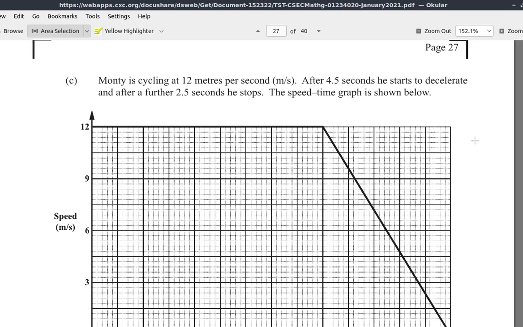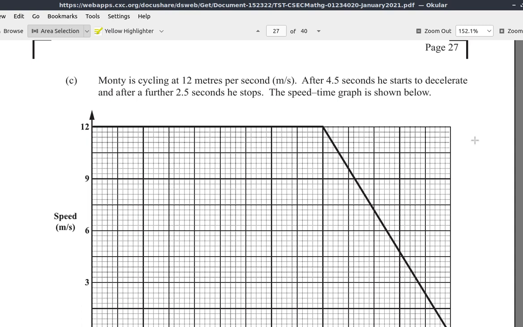We are now at part C of question 8 of the January 2021 CSEC Mathematics past paper. It says Monty is cycling at 12 meters per second.